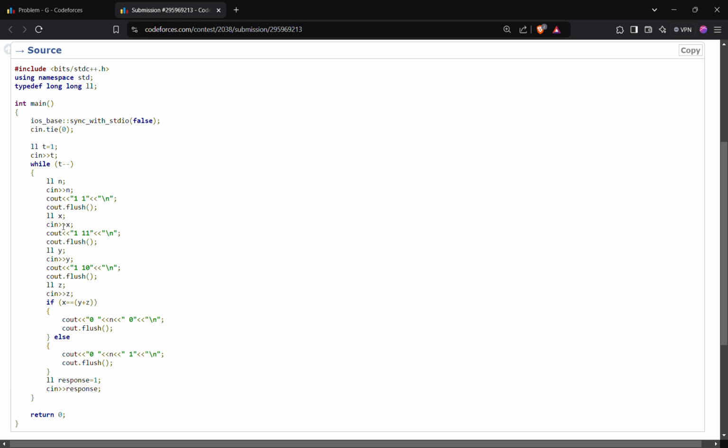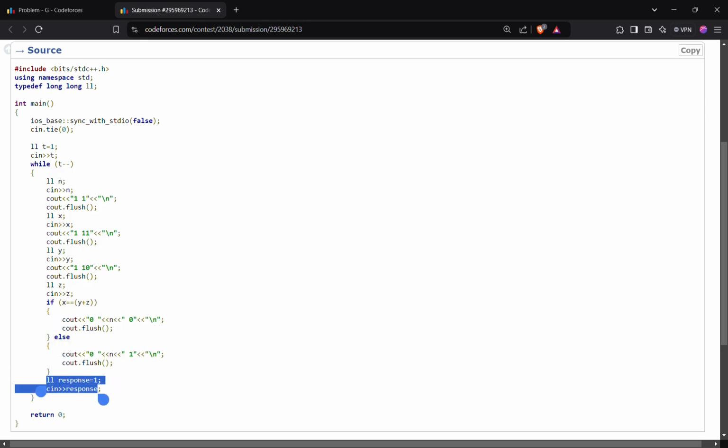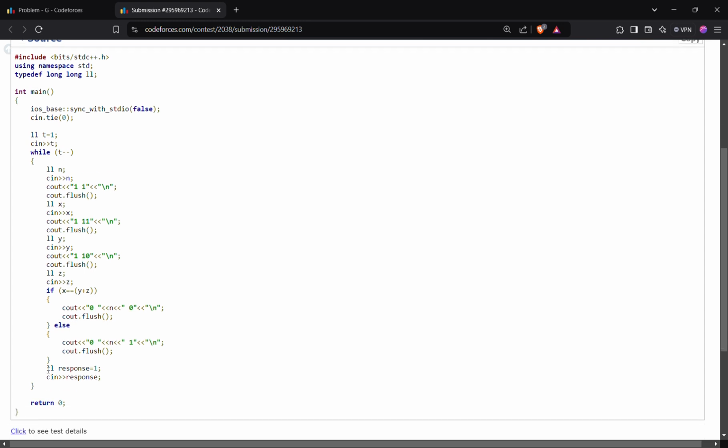Then we take x, y and z, compare whether x is y plus z or not, and output the results that we concluded while discussing our solution. Finally, this is the tricky part: we also have to take input of the response, which tells whether your program succeeded or failed. That is not something we are bothered about. So this is the code and the solution for this question.